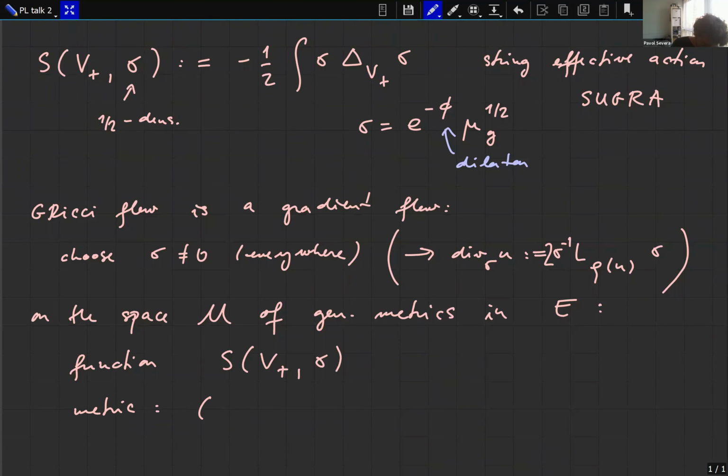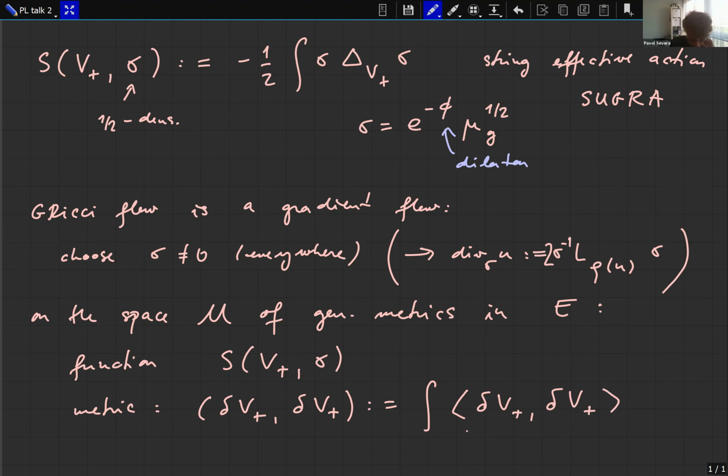which is, so I should tell you, if you take two infinitesimal deformations of V plus, well, if you just pair two deformations of V plus, we get a function on M, so then we need to multiply with the density, which is sigma squared, and integrate it over M. Okay, so that's it.